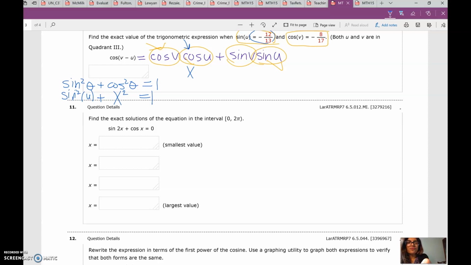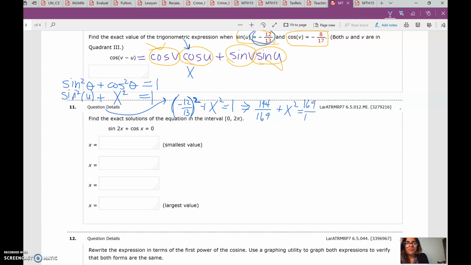Well, the sine of u is minus 12 over 13, so we get negative 12 over 13 squared plus x squared equals 1. This is an algebraic equation, something you've been doing for years and years. Be careful when you simplify the squared, because the negative sign will cancel. We get 144 over 169 plus x squared equals 1.